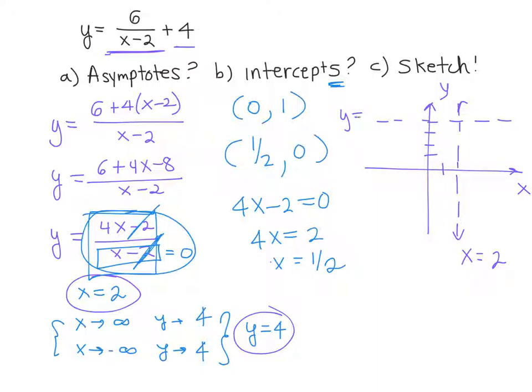We know the intercepts are at 0 and 1, and 1/2 and 0, so right in between. So it must be that it looks like this. The other piece happens right over there. So that's how you do this problem.